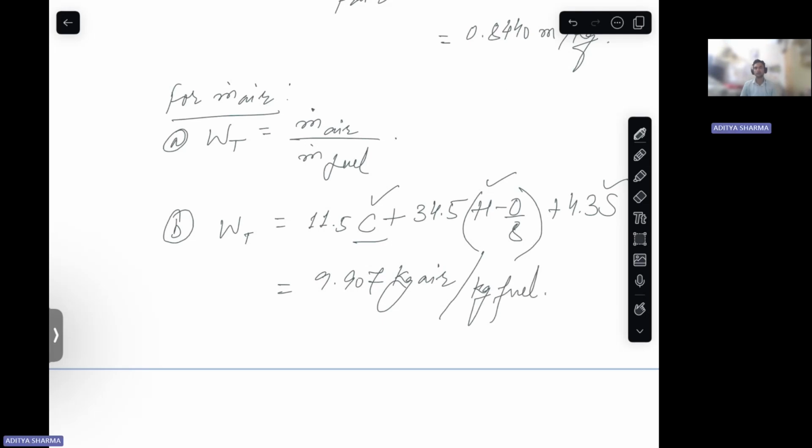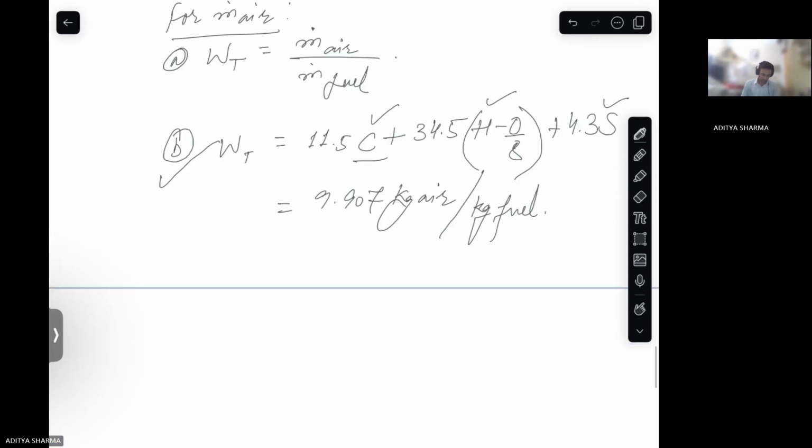So for 1 kg of fuel, how much amount of air is required, right? And in that air also we need oxygen, right? So this estimate is based on the fact that there is 23% of oxygen in your air, right? So this way it had been derived in lecture number 17, I believe.